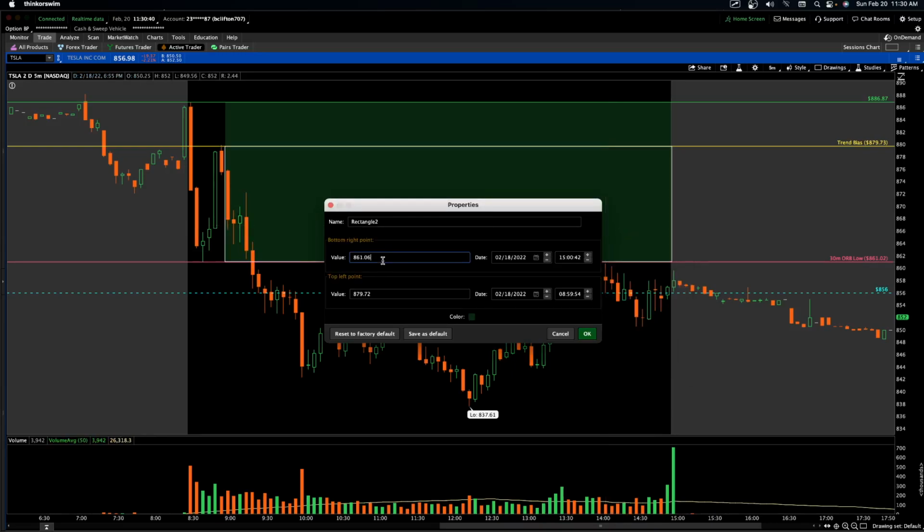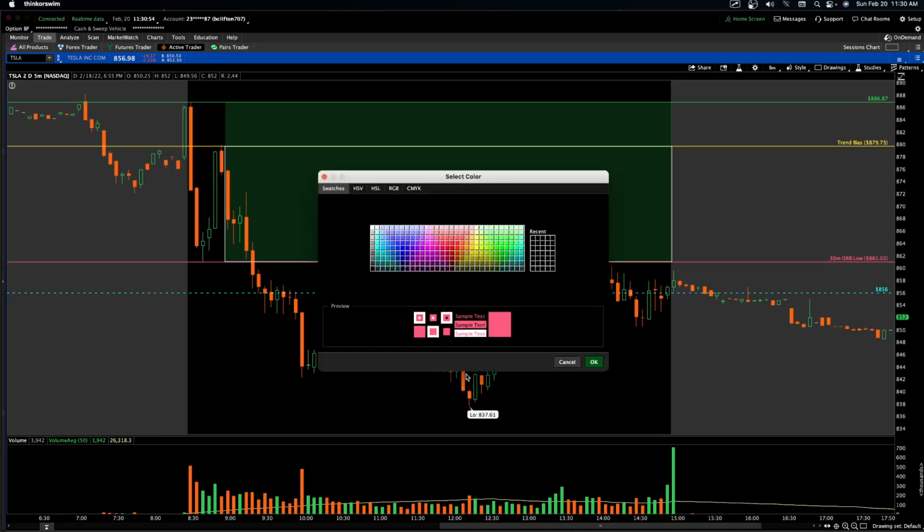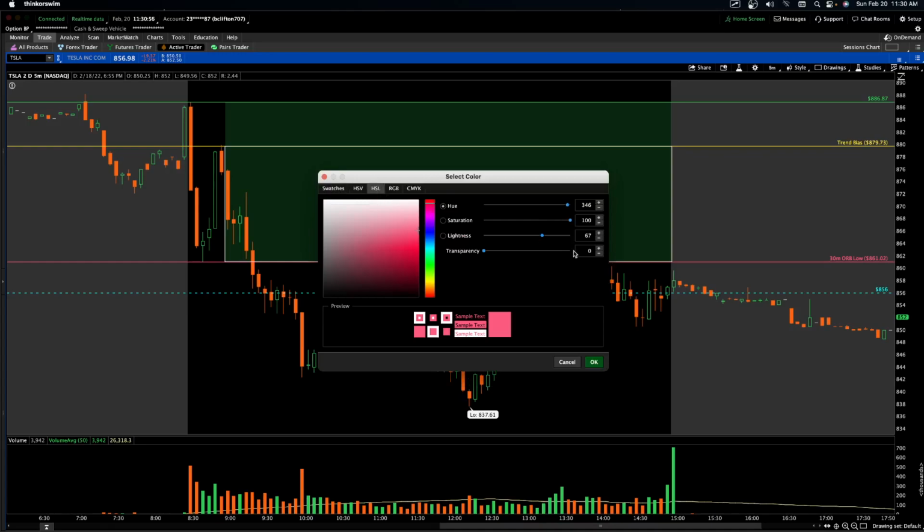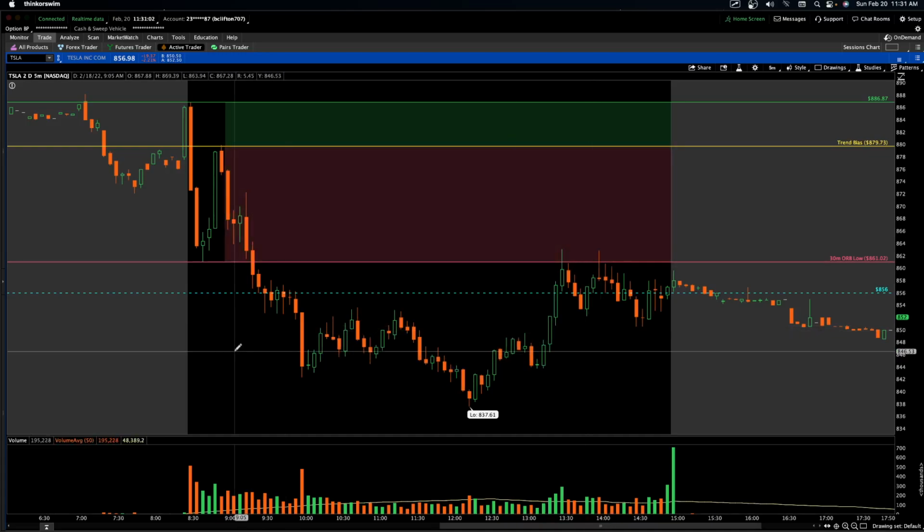So 861.02 and 879.73 is our trend bias. All right, we're going to change the color of this one to red. And we need to change the transparency so that we can see our candles. I'll put the transparency on 80. Click OK and OK. Now you have very easily identifiable zones, right?